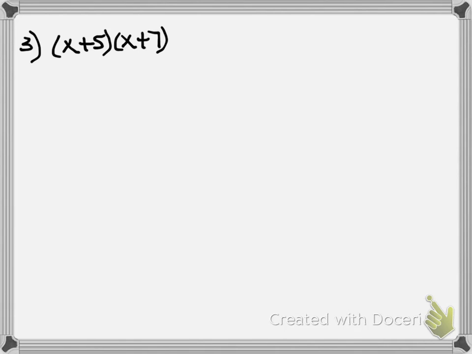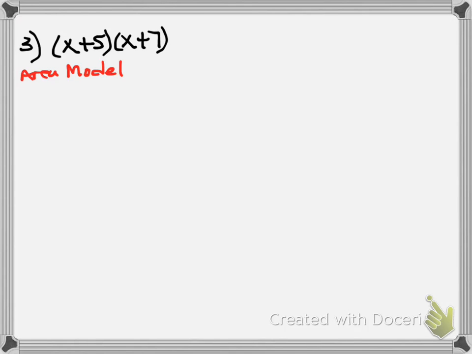Okay, I'm going to demonstrate this one 3 ways, and then we'll do some other practice problems. Okay, so first way, let's do the area model, aka matrix. So what I do is I'm going to create a big box, and in that box I'm going to have as many columns as I have terms from one polynomial, and I'm going to have as many rows as I have terms in the other polynomial.